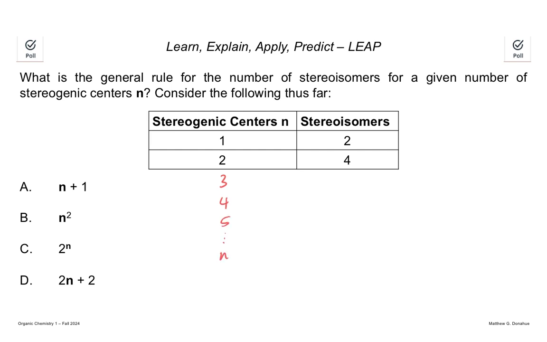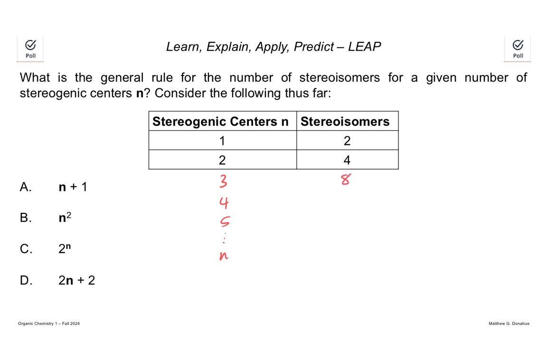So here's a table, and I wrote some numbers in to continue it on. One stereocenter gives 2 stereoisomers. 2 stereocenters gives 4. How many do you think 3 stereogenic centers gives you? I heard a 6. That's not quite there. I heard an 8. I heard a 9. It's going to be even. So it's going to be 8.